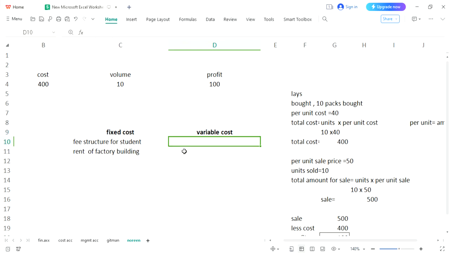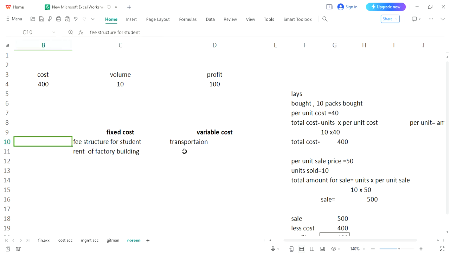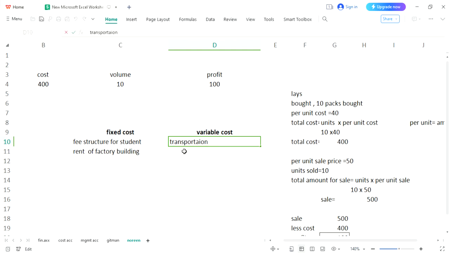As a student, what I have said, your transportation charges are to be considered as variable cost. Why? Transportation charges are your variable cost, and how have we decided it?